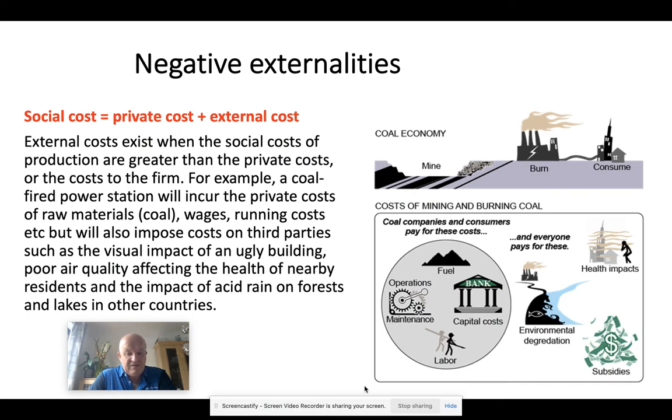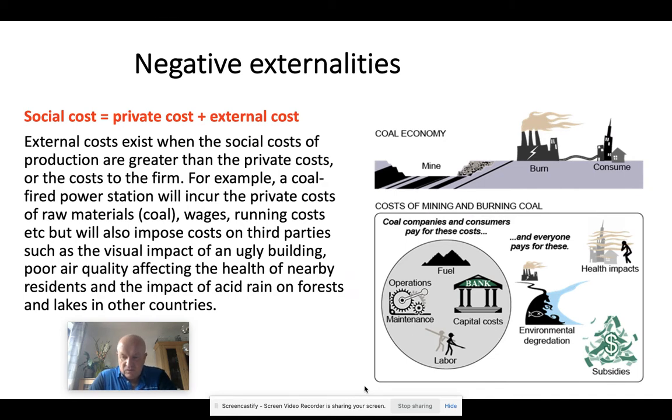But there are significant third-party costs that are imposed upon society, like the visual impact of the ugly building, the poor air quality affecting the health of individuals in nearby residential neighbourhoods, the impact of acid rain on forests and lakes, and the climate control issues. So significant issues as far as negative externalities of that particular industry.